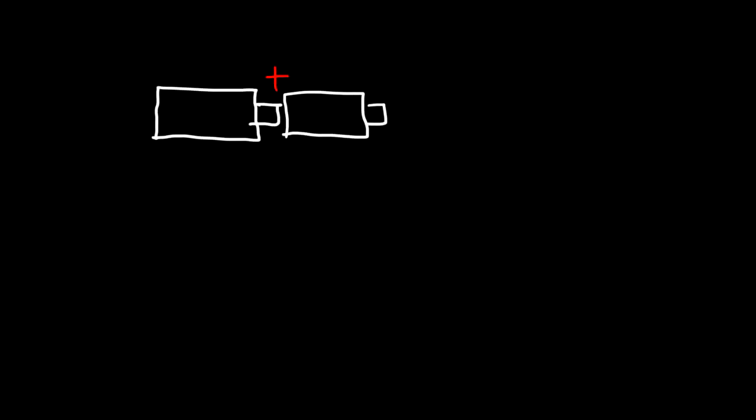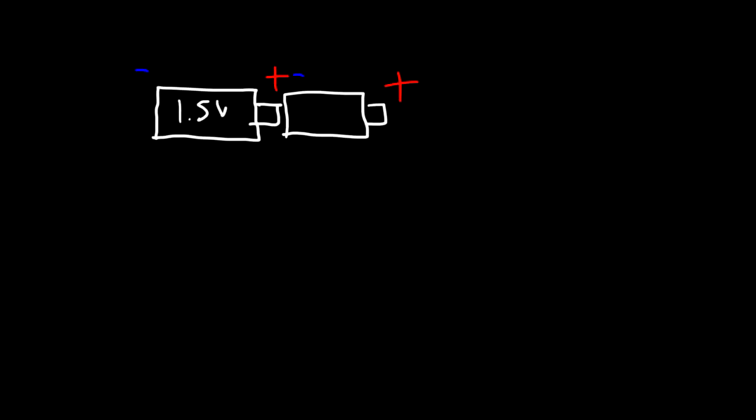Now let's talk about the construction of a galvanic cell. Let's say we want to increase the voltage, how can we do so? Well, if you have two D-size batteries or two AA batteries, if you want to increase the voltage, you need to take the positive terminal of the battery and connect it to the negative terminal of another battery.